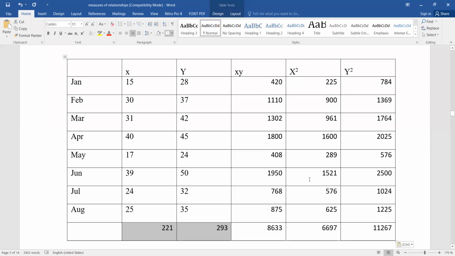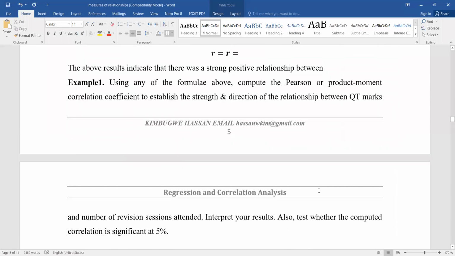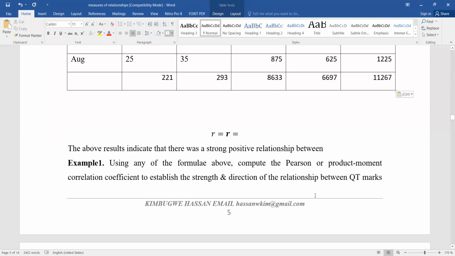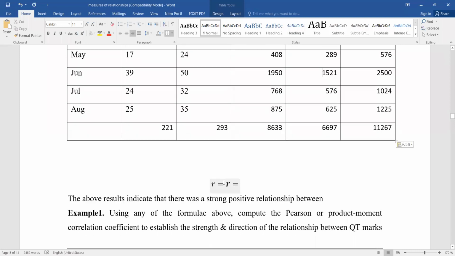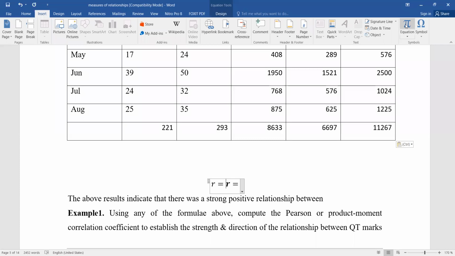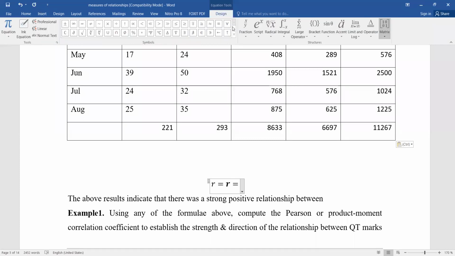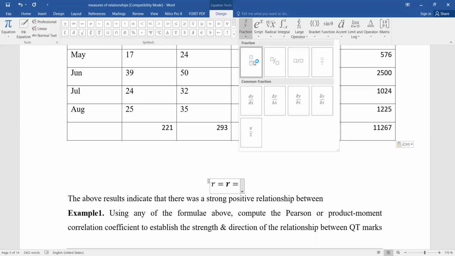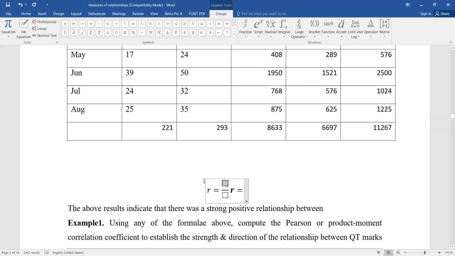Good. So we calculate R. And if I go here, put inserts. Put my fractions. Our n was what? If you count n, how many observations do we have? Our n is equal to what?